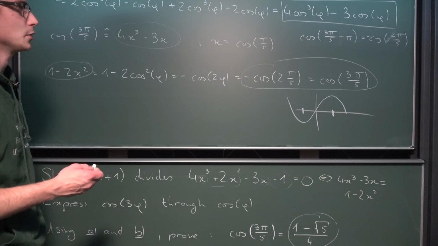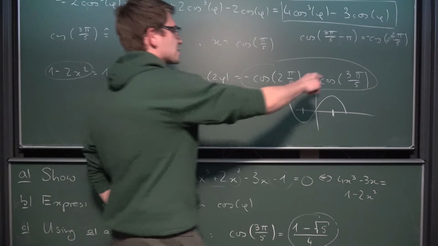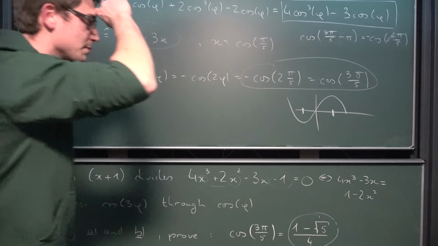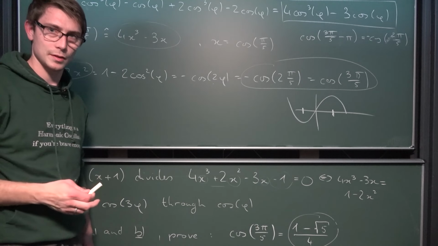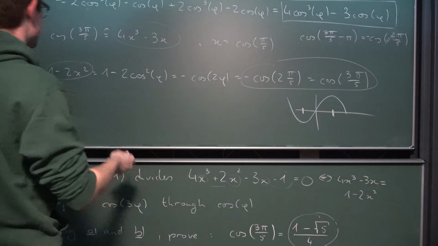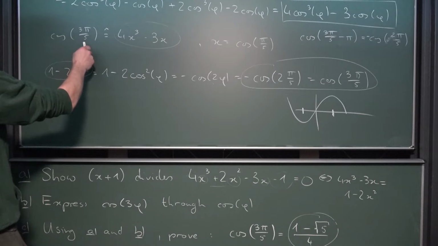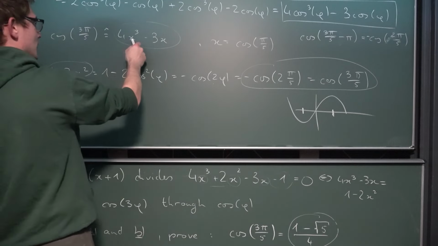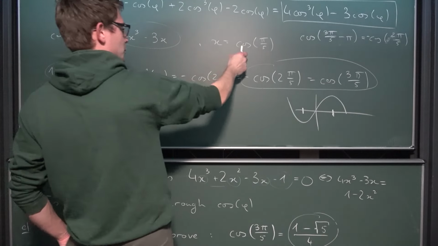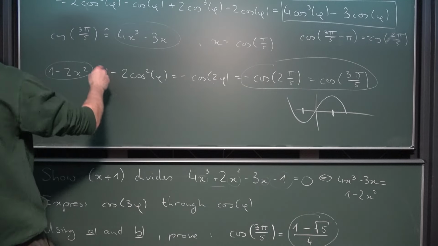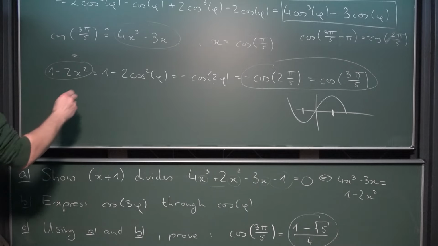Those have the same value. Yeah, those are the same, right? If I'm not mistaken here, then that means that cosine of 3 pi over 5 is the same as 4x cubed minus 3x, where x is equal to cosine of pi over 5, which is the same as this thing right here.